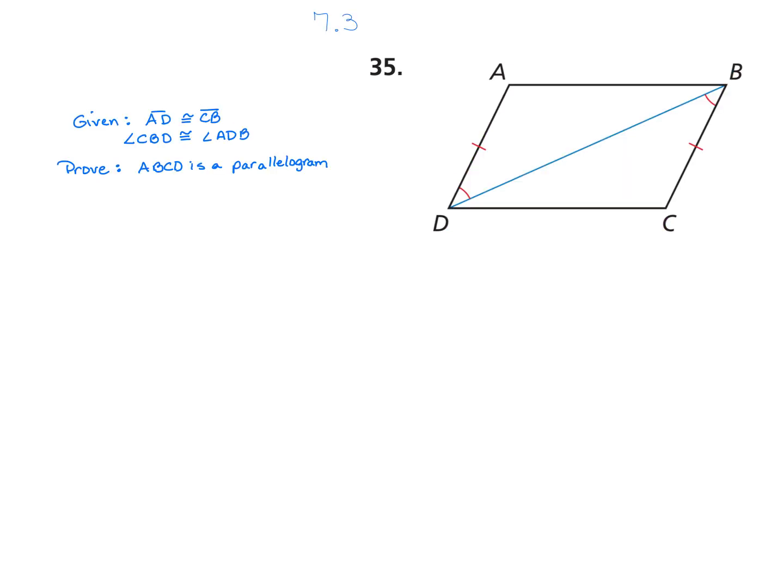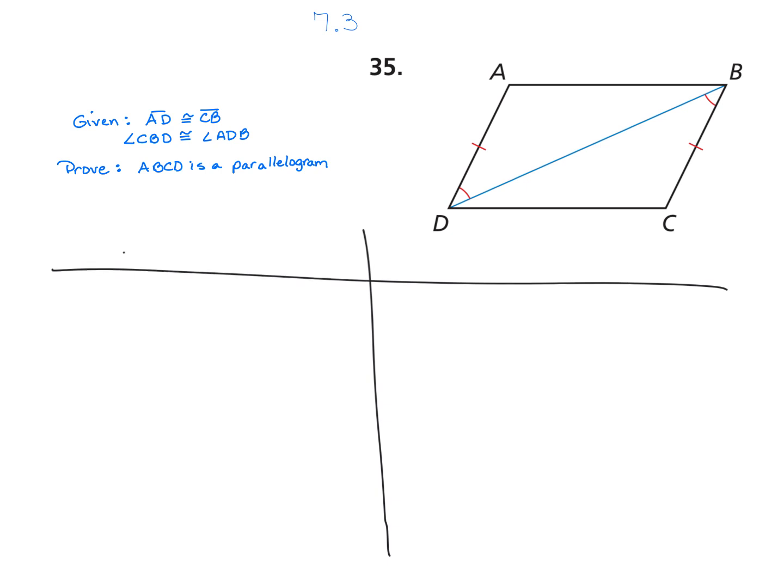All right, looking at the next proof, they're giving me information. Go ahead and draw, if you have not already done so, your 2-column chart. Do you have your statements and your reasons? Okay, and then we have AD is congruent to CB and it's drawn for us.